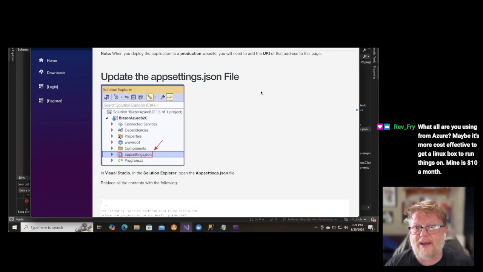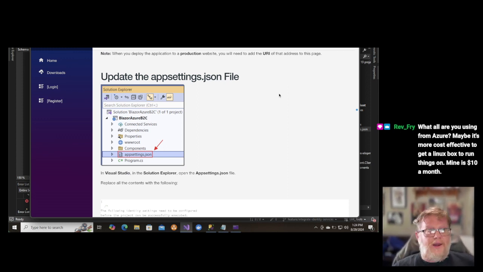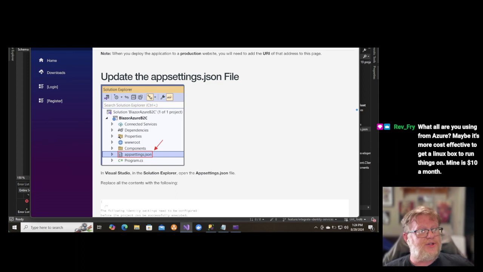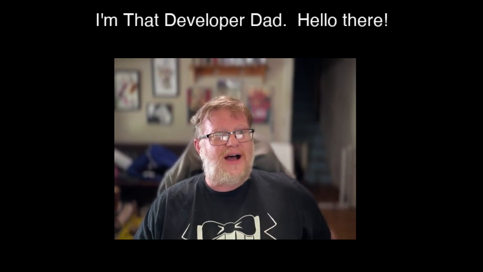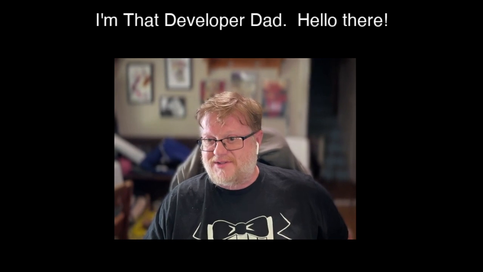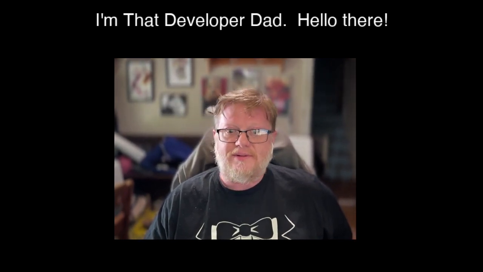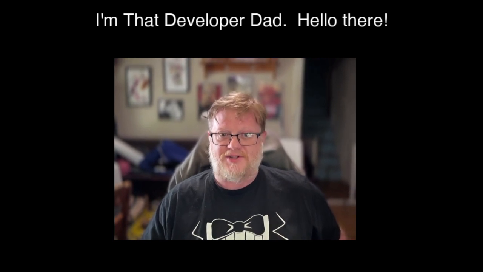Next step is I've got to update my appsettings.json file. Now I'm going to flip views here just for a second while I hide the secret pieces because they're secrets. I'm just going to hide lmconfig and the connection strings.